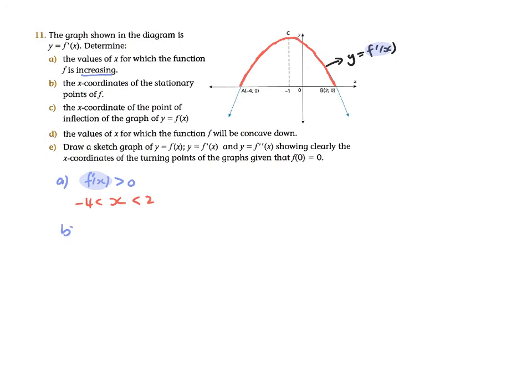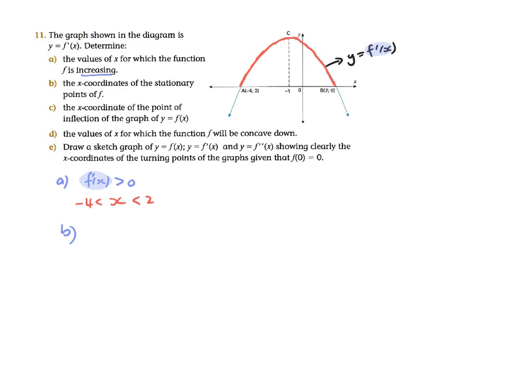Right, question B. The x-coordinates of the stationary points of f. Let's quickly look at those relationships again. The x-intercepts of the derivative function have the same x values as the stationary points of the original function.